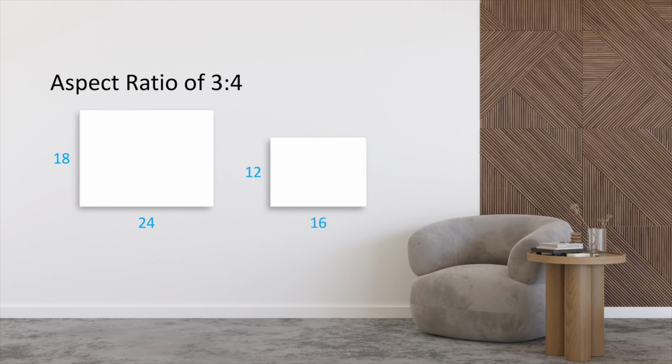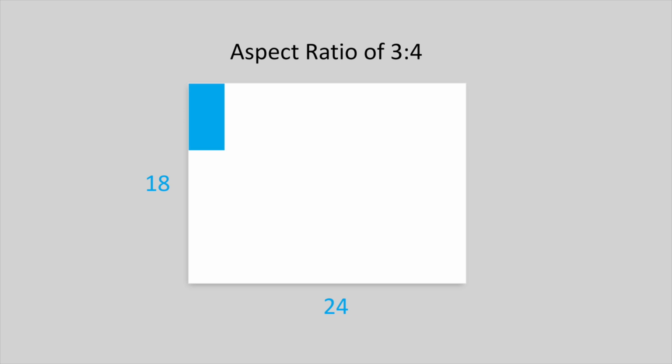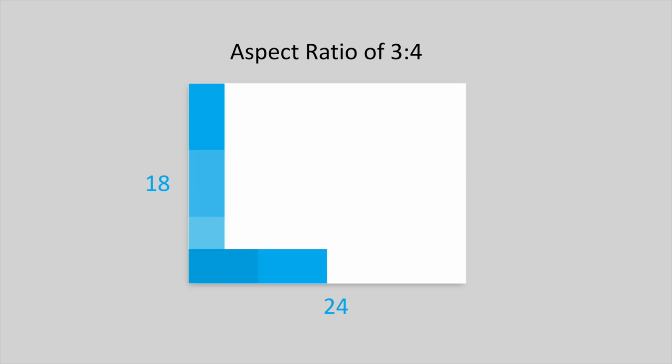A 12 by 16 has the same aspect ratio, meaning that both the 12 and the 18 are just upscaled versions of 3. If we picture it visually, each side can be broken up into equally sized segments, 3 on the short side and 4 on the long.